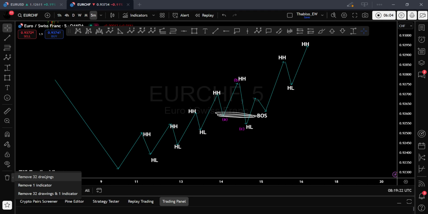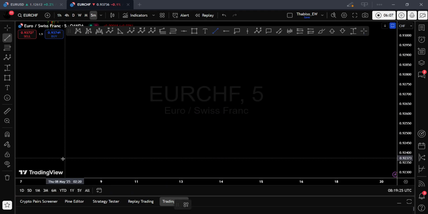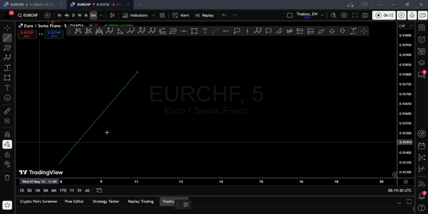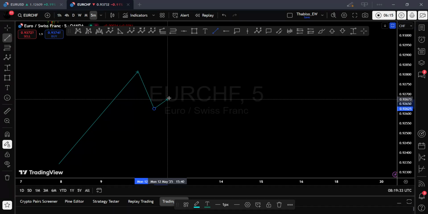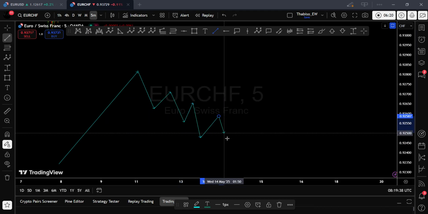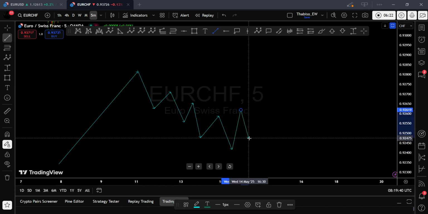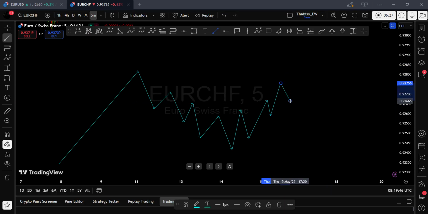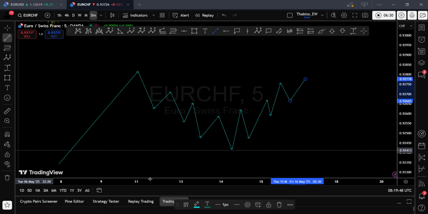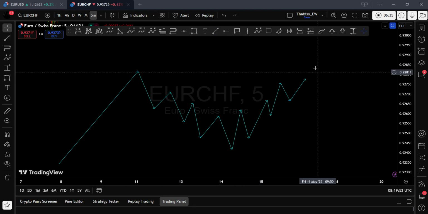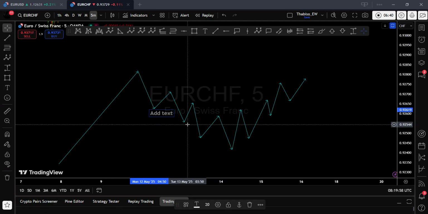Now, quickly on the downtrend: if the trend was going down, and we have a lower and then this, lower and then this, lower and then this, lower, and then we break. Okay, I just want to label this quickly. This is purely educational. So this will be a lower low.